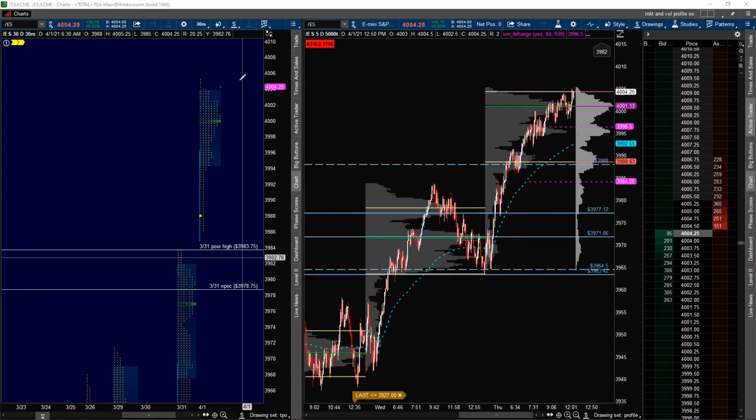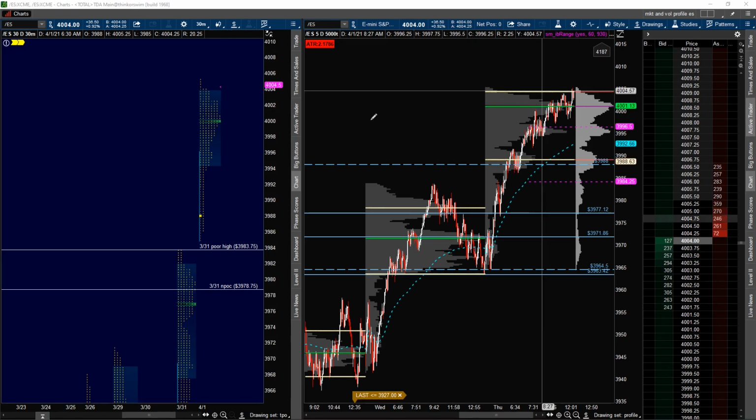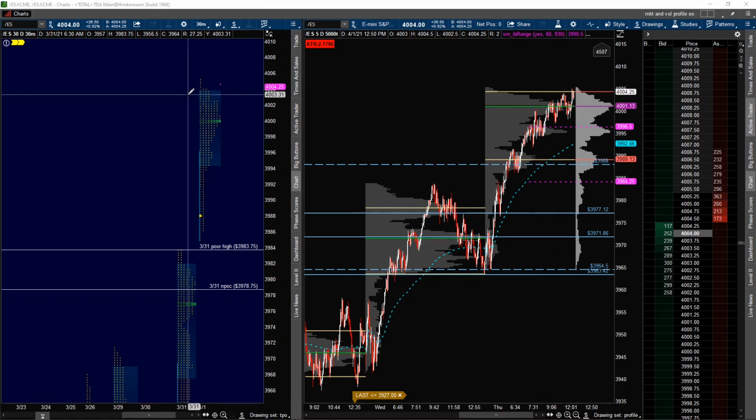Now let's go back to the profile chart here. You see that it's trying to come back up at this value area high here, developing value area high. We want to see when it takes out the high here. Although the market profile shows a nice clean high, we are watching for that thing to come up and clean out the 4005.